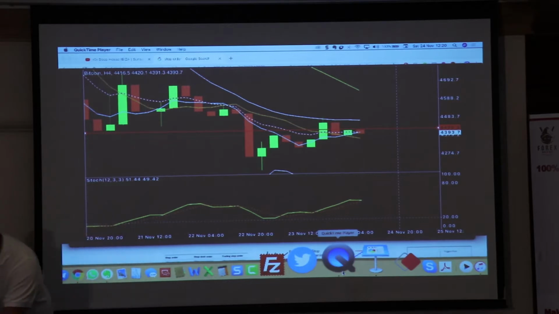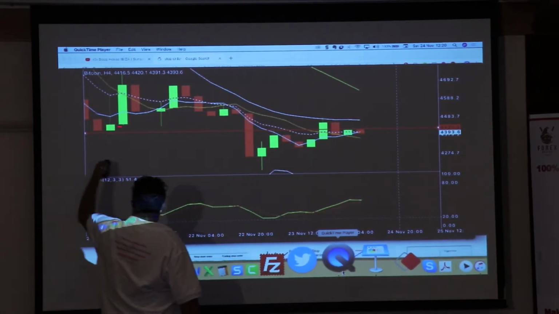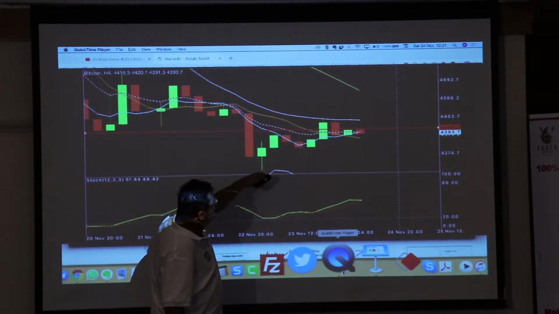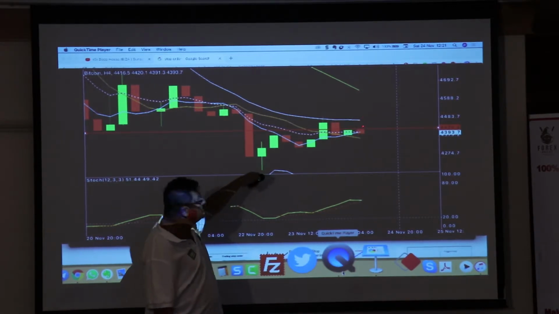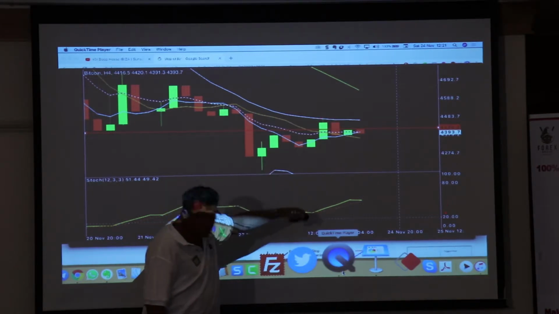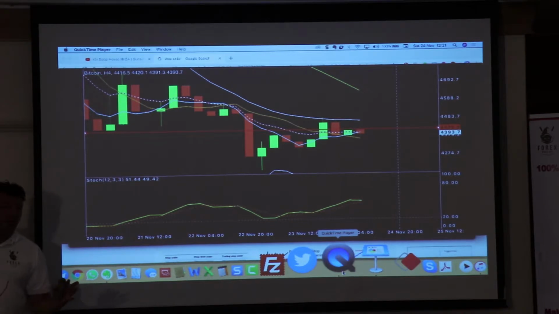It opened below the red. Yes, we're in a sideways movement over here, and most of it has been below the 8. But we've opened below the 8. If it goes up, which is possible, this is where my stop loss is, and it's definitely going to carry on going down. The trend is your friend. You never trade against the trend.